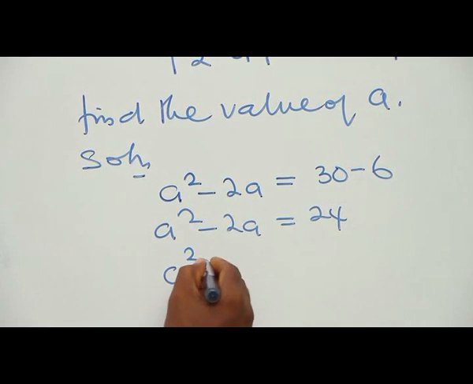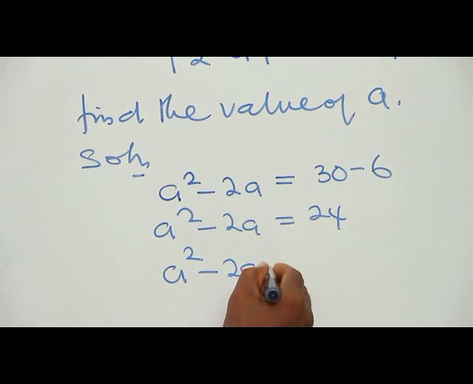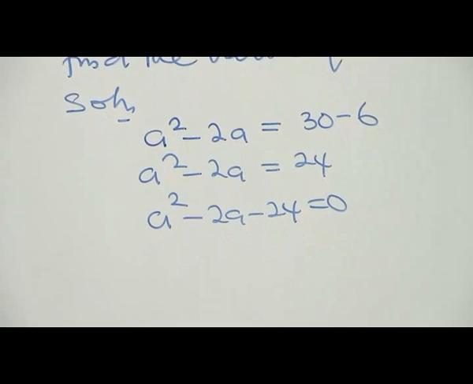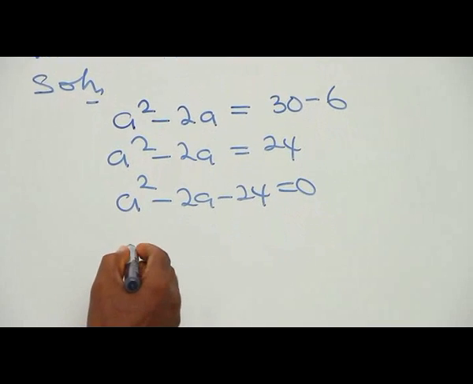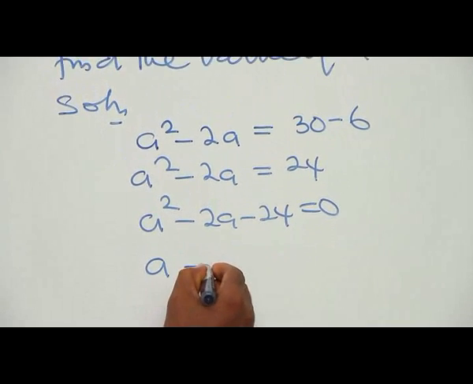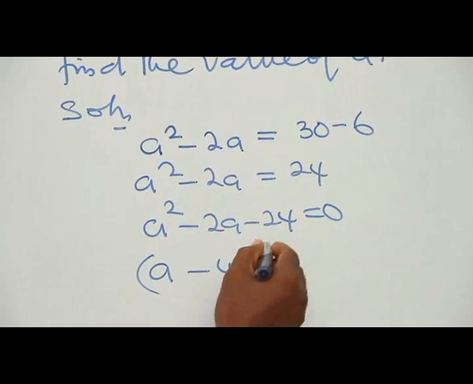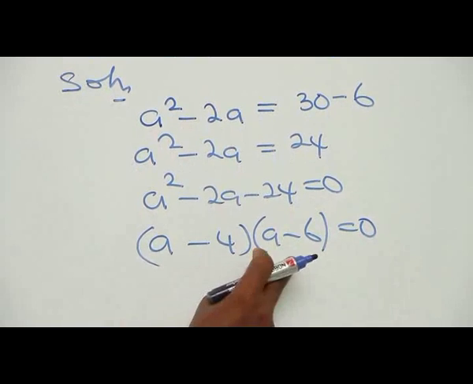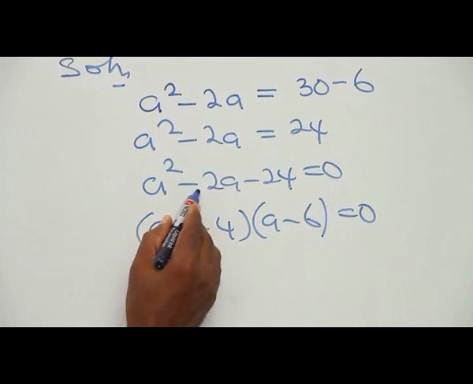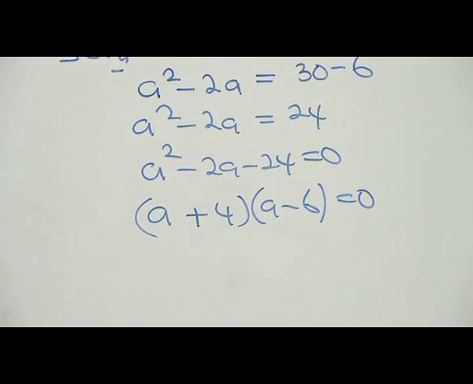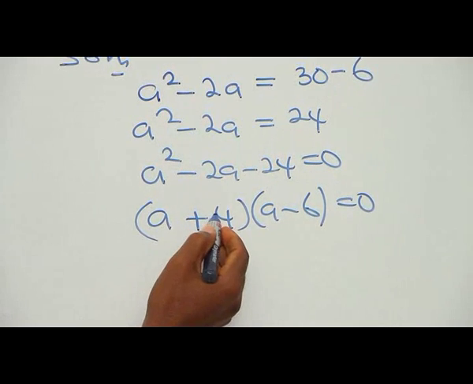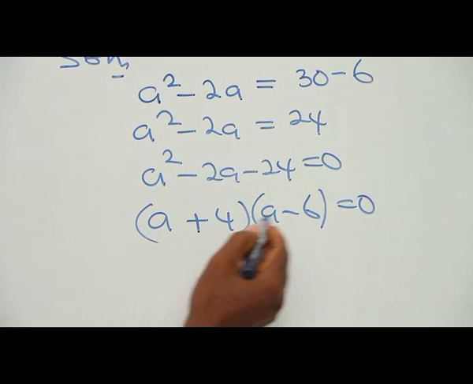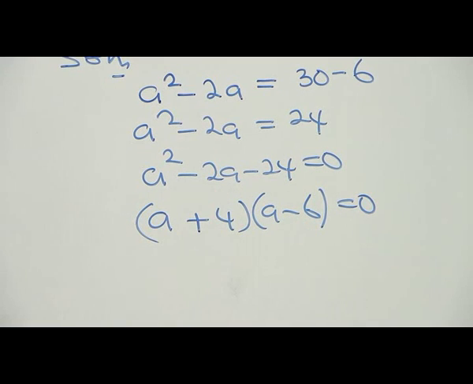The result is that A squared minus 2A minus 24 is equal to 0. So we now have A plus 4, A minus 6 equal to 0. I'm trying to factorize. Because this one is minus, then this will be plus, because plus 4 times minus 6 is minus 24, and plus 4 minus 6 is minus 2.